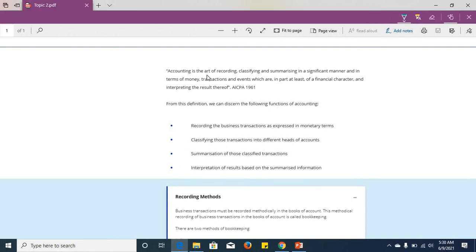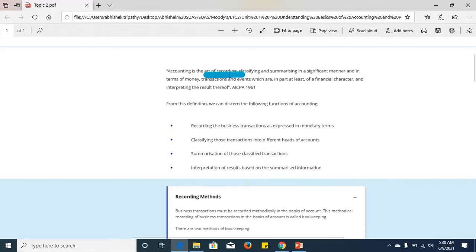So let us start from what is accounting. We all know what is accounting, but let us go through this. Accounting is an art of recording, classifying, and summarizing in a significant manner in terms of money, transactions, and events which are in part at least of a financial character, and interpreting the results thereof.